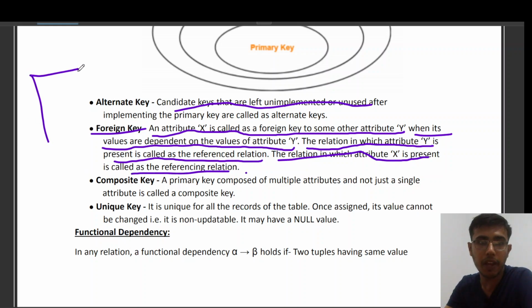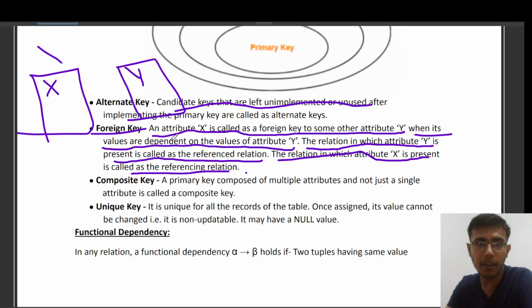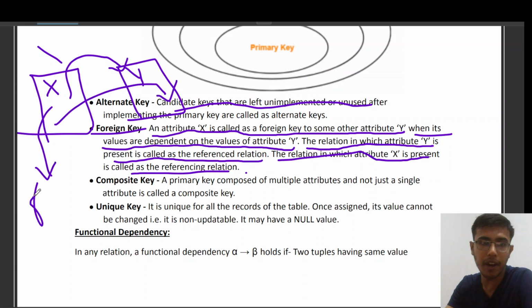Suppose we have one relation and another relation, and we have attribute X and attribute Y, right? An attribute X is said to be the foreign key for Y when its values are dependent on the values of the attribute Y. Then it will be said to be the foreign key, right?